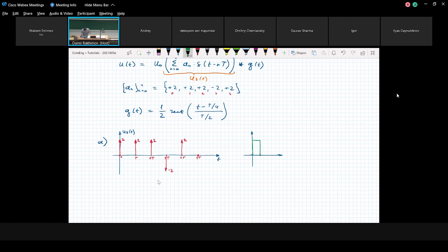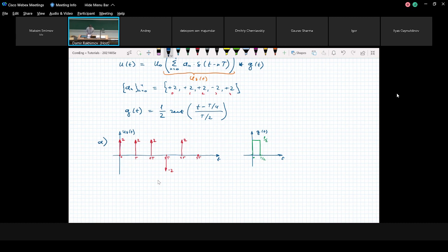It's a rectangular pulse. And what's the amplitude? Amplitude equals 1 over 2. It is nonzero over its duration, and 0 elsewhere.